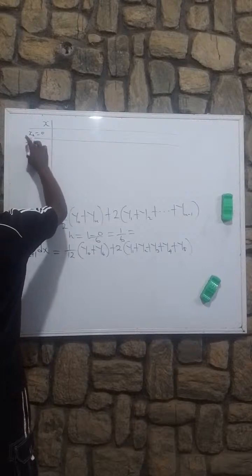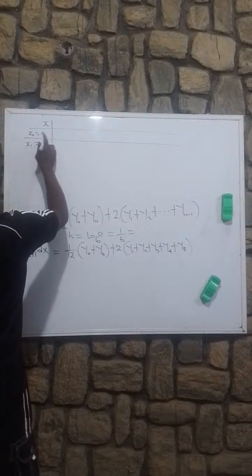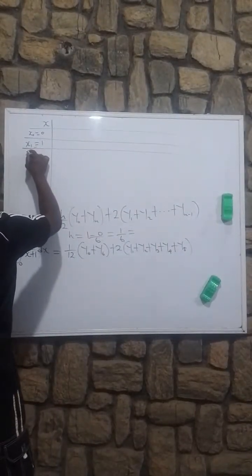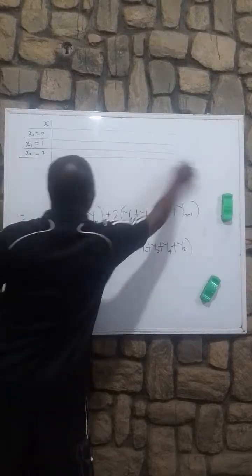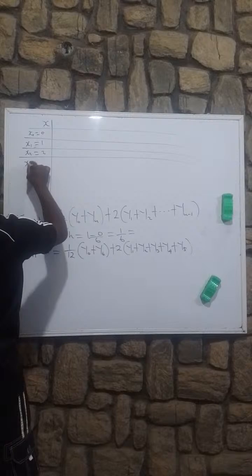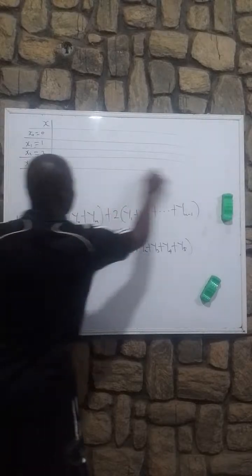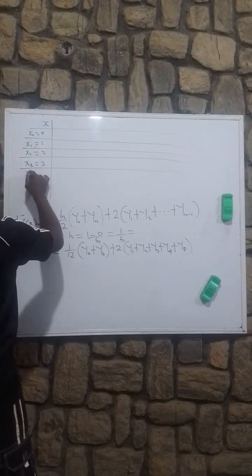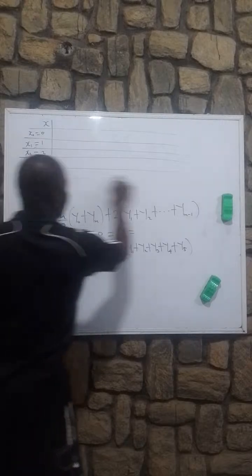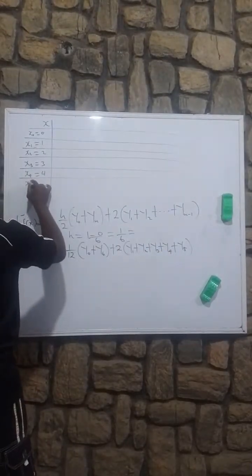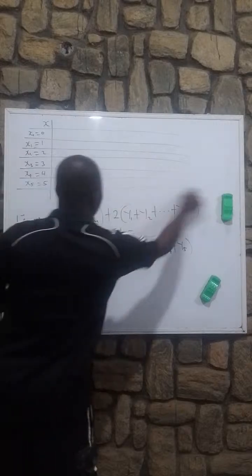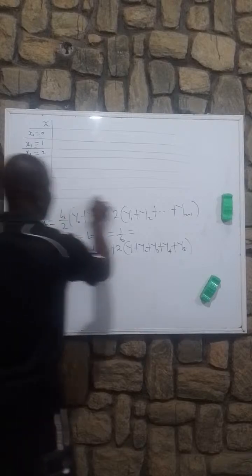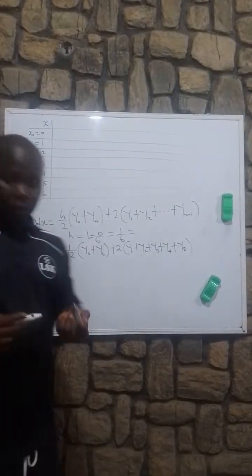X1 equals 1. Can you see now? X4 equals 4. X5 equals 5. Then X6 is equal to 6.